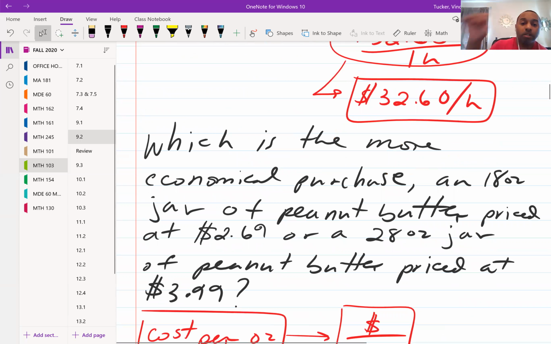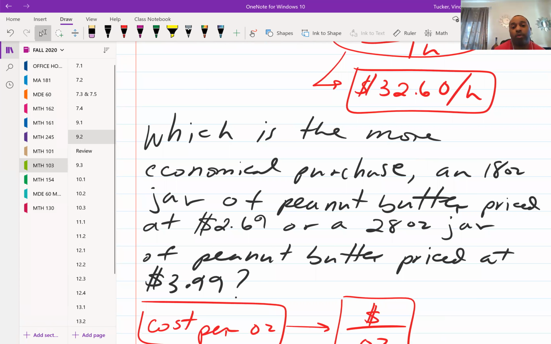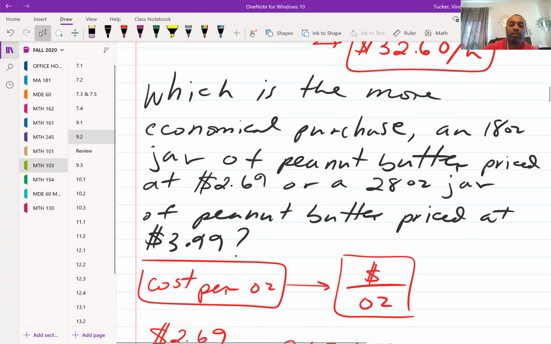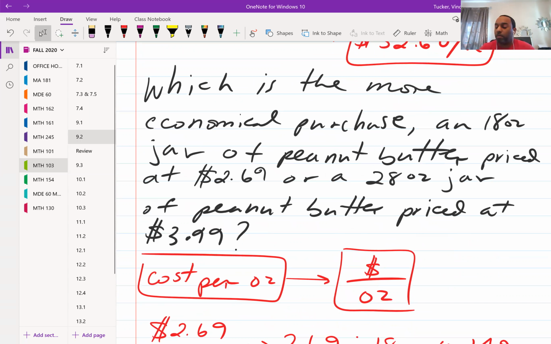All right. So the next one: which is the more economical purchase? An 18-ounce jar of peanut butter, priced at $2.69, or a 28-ounce jar of peanut butter, priced at $3.99. So we want to know the cost per ounce. So it means dollars over ounce. That'll be the best way to compare both of these purchases.